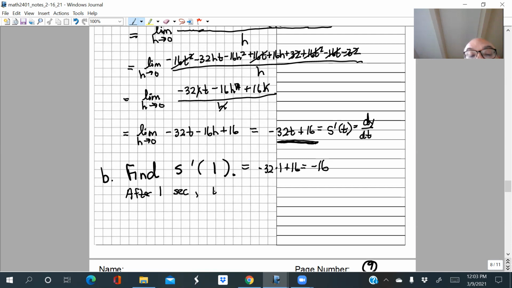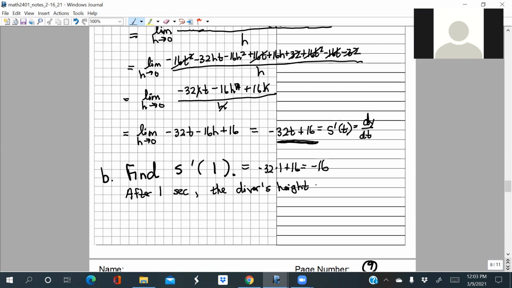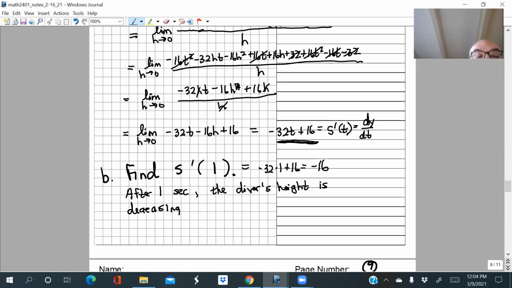Is the diver's height increasing or decreasing, Daniel? You just told me. Decreasing, right. The diver's height is decreasing by, and how fast, Daniel, is the diver's height decreasing? 16, right.